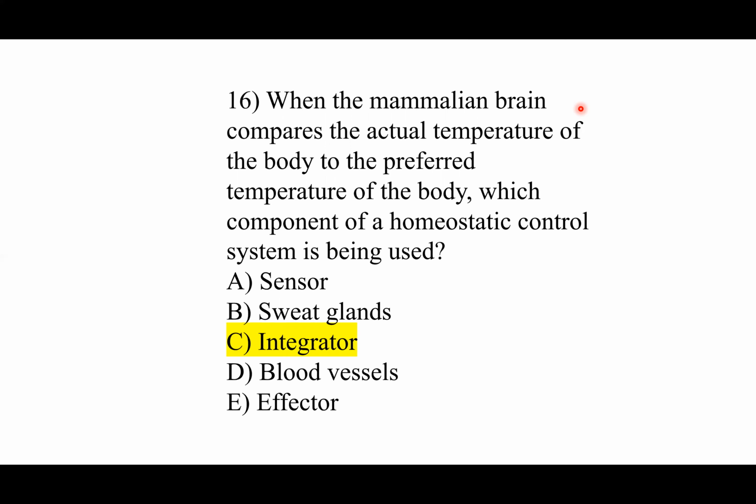And then you have the effector, which restores the internal conditions. In mammals, a homeostatic system regulates body temperatures through negative feedback, and the hypothalamus can sense cooling and heating, and it responds by altering patterns of electrical signals.